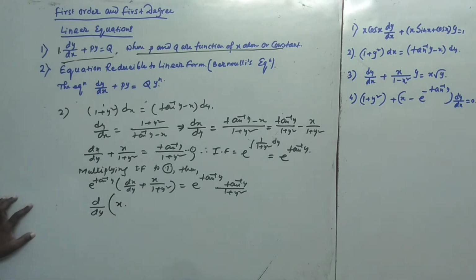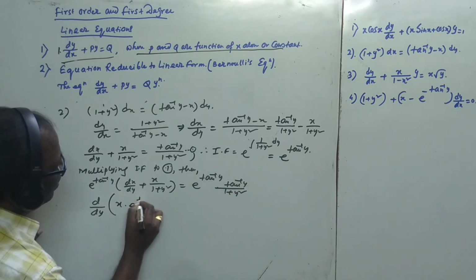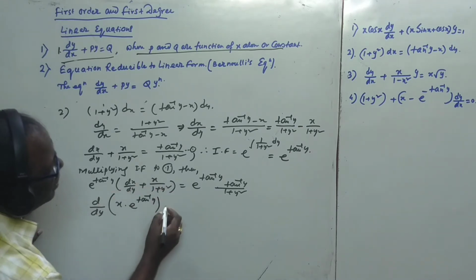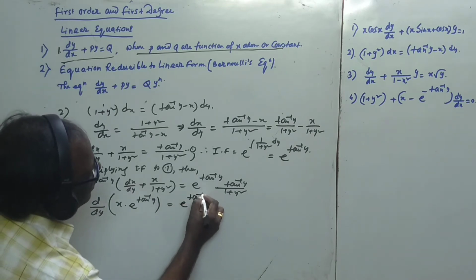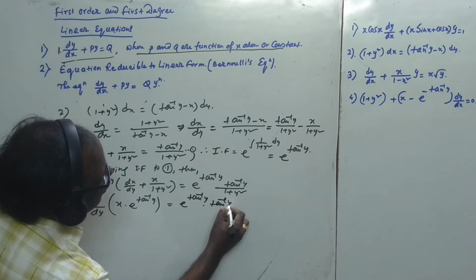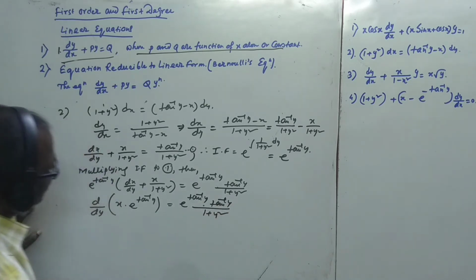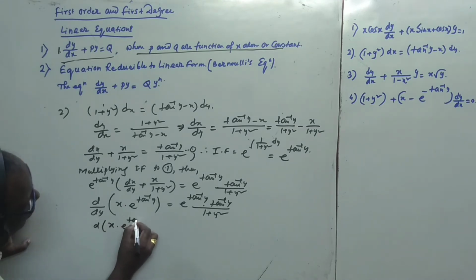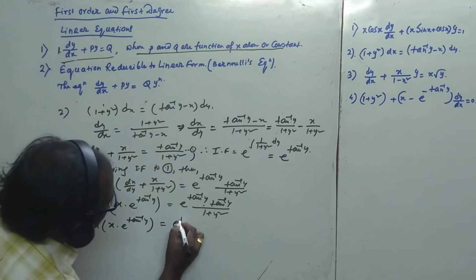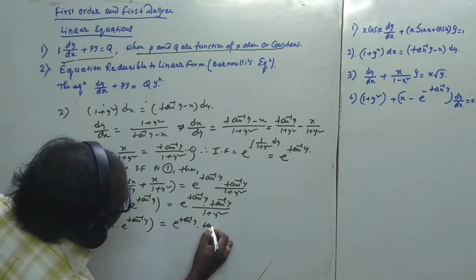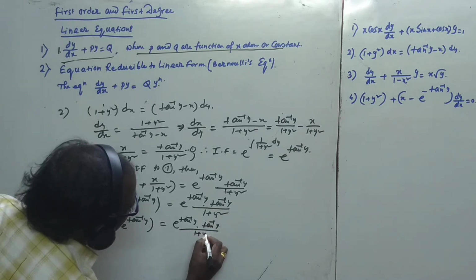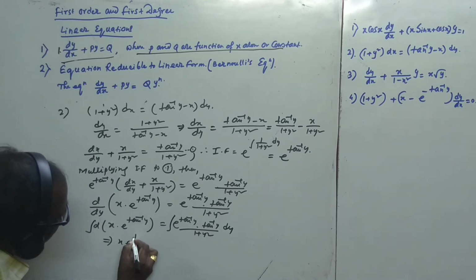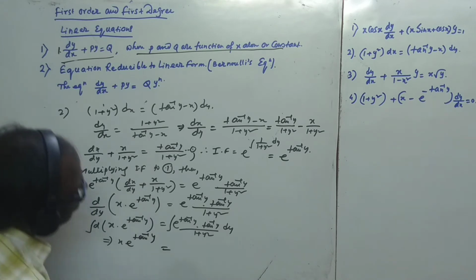So x into the integrating factor, that is e to the power tan inverse y. If we differentiate, we get this equation here, tan inverse y by 1 plus y square. Now integrating both sides, x into e to the power tan inverse y equals the integral of tan inverse y e to the power tan inverse y by 1 plus y square dy.